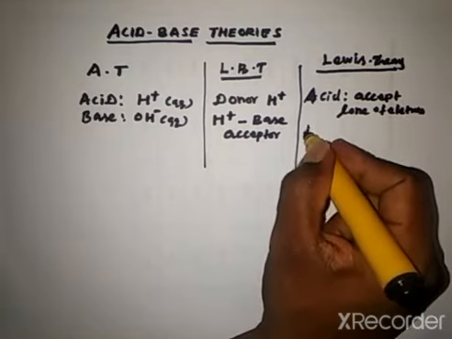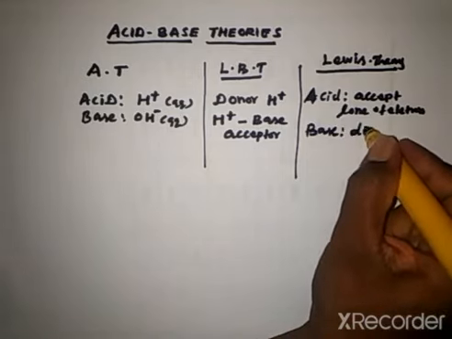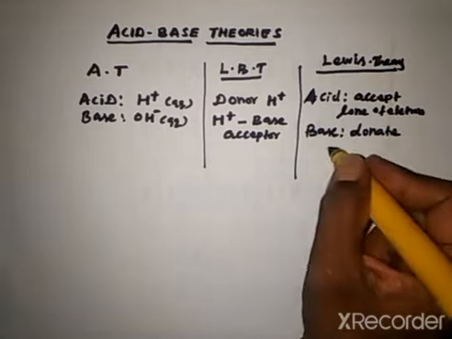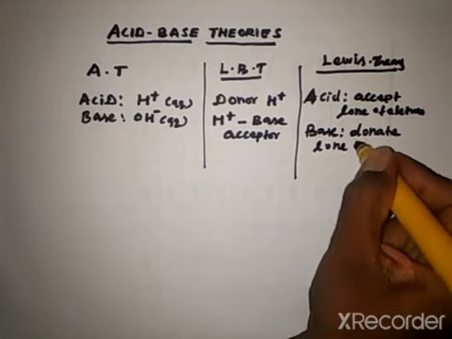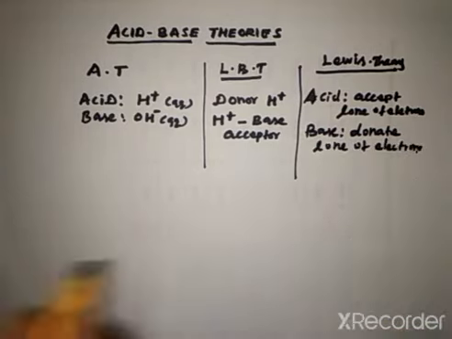And if it is a base, it should donate a lone pair of electrons. So we have discussed what is acid and what is base according to these theories: Arrhenius theory, Lowry-Bronsted theory, and Lewis theory.